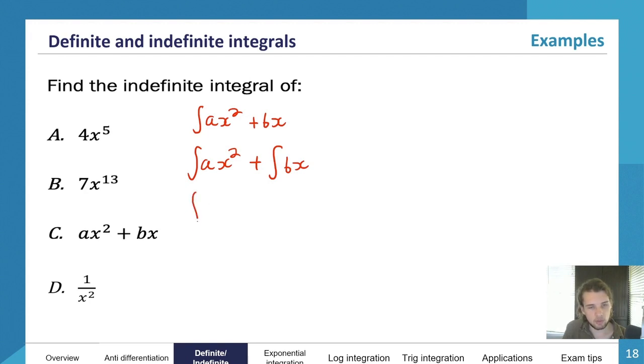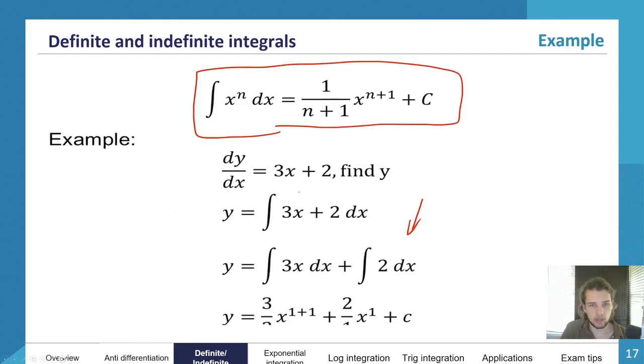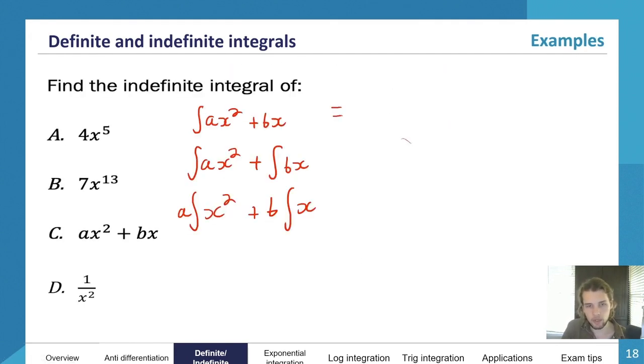Now another thing we can do is we know that we're assuming a and b are just these constant values because that's the type of question you get in Unit 3. So we are going to move a out the front to simplify everything for us, and we're going to move b out the front for both of these integrations. So now we can utilize this formula for each of them. So for the one with a out the front, we have 1 over 2 plus 1 multiplied by x to the power of 2 plus 1 multiplied by a.